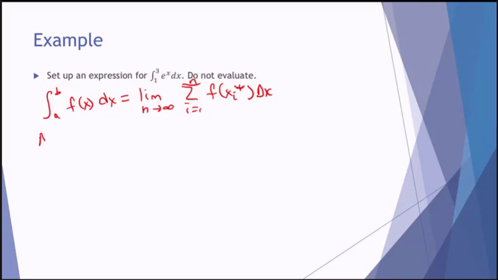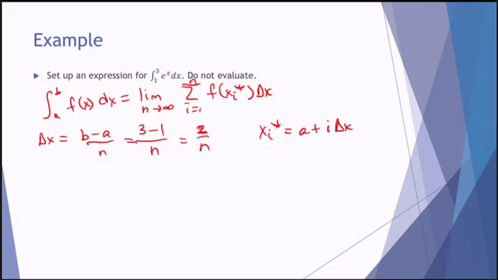So we go through our same first steps. We need delta x, which is b minus a divided by n. In this case, our b is 3, our a is 1, and n is the finite number of rectangles. So it's 2 divided by n, our width of our subintervals. x sub i star is found by taking a plus i times that delta x.